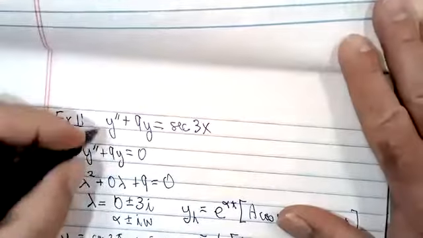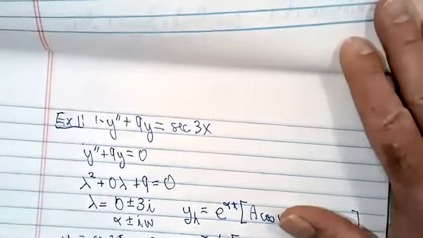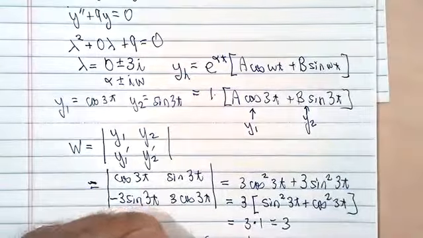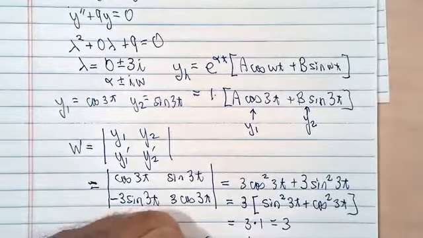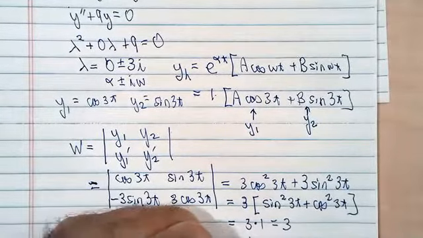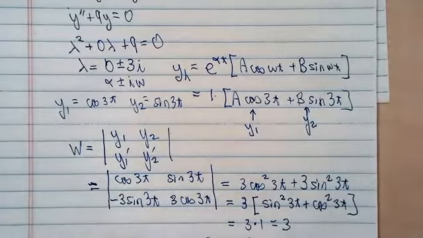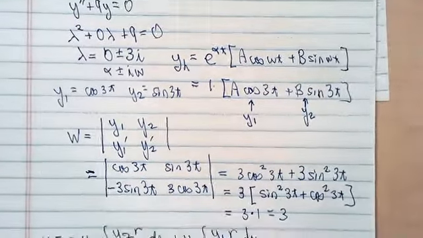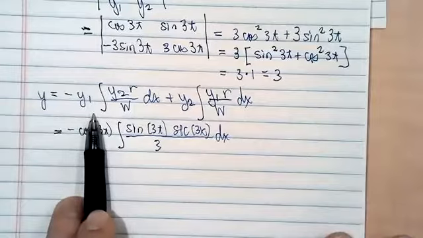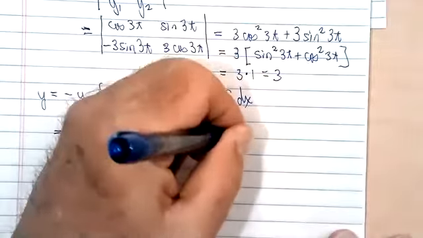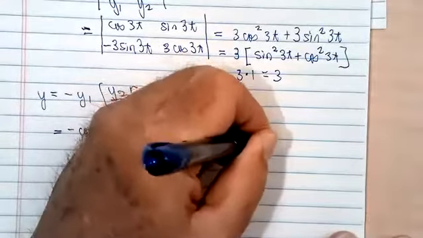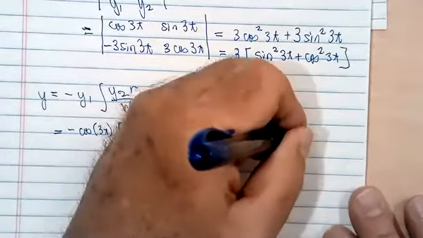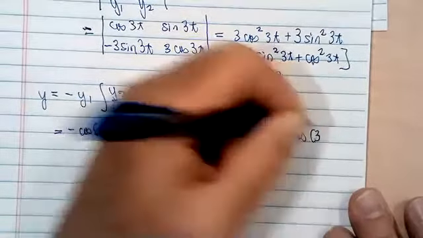r, that's the right-hand side. And notice, this does have a leading coefficient of 1, so it's in the standard form. Secant of 3x over W dx. And I've got the first part written down, plus y2, sine of 3x, integral y1, cosine of 3x.